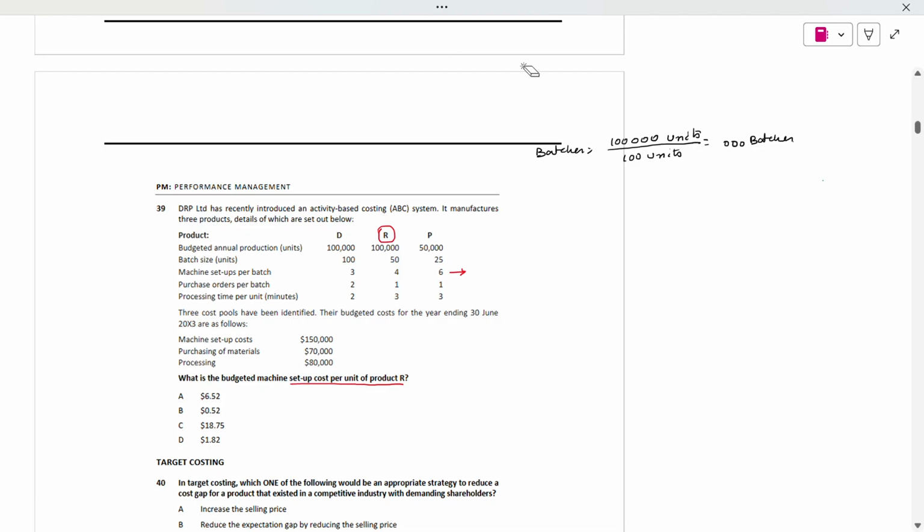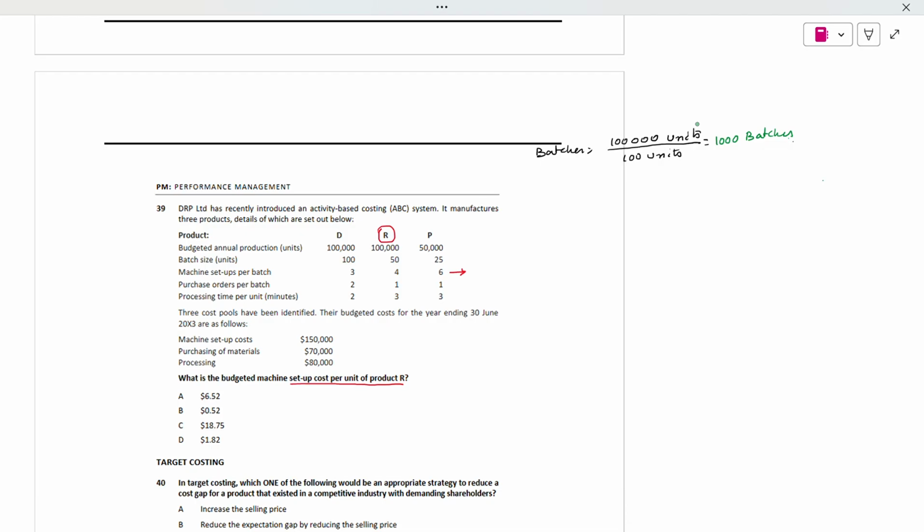We got 1,000 batches now. Are you clear about this? You got 3,000, not me. No, you have to correct me now. It's just 1,000. Ah, 1,000. I corrected you. Okay, thank you. 1,000 batches.